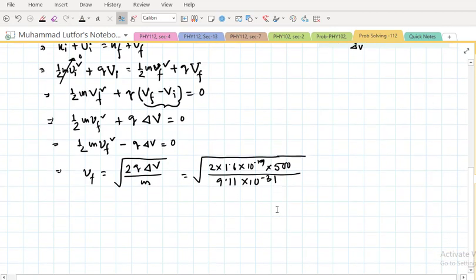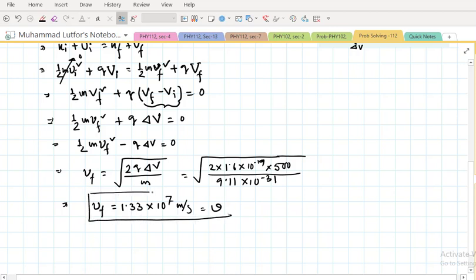You will find the speed of the electron is 1.33 times 10 to the power 7 meters per second. So this is the speed v; instead of Vf, I am using v here.